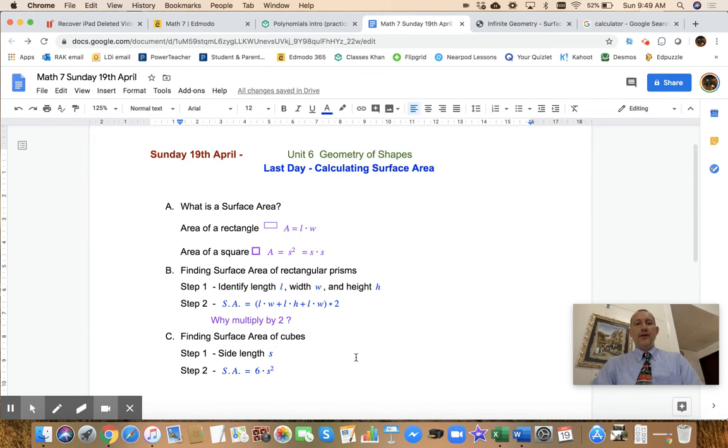All right, so finding the surface area of a cube. Again, because all lengths are the same, the width and the height and the length are all the same. So if you just find one side, how long that is, then to find that area, you multiply it by itself.